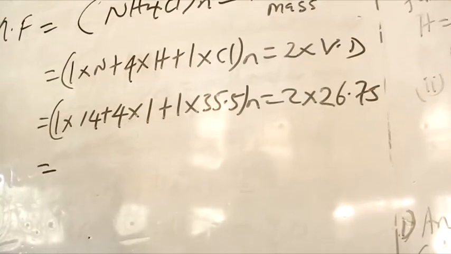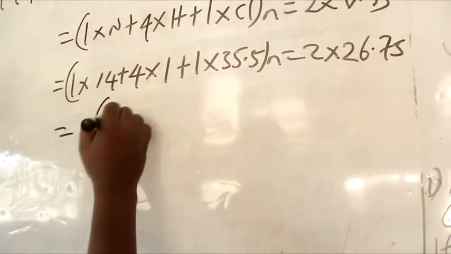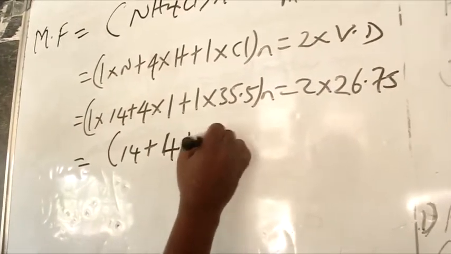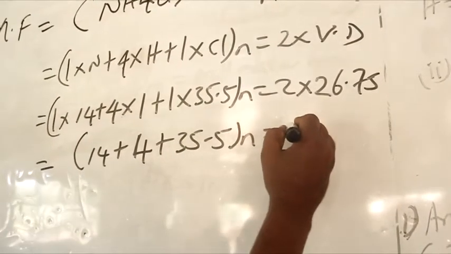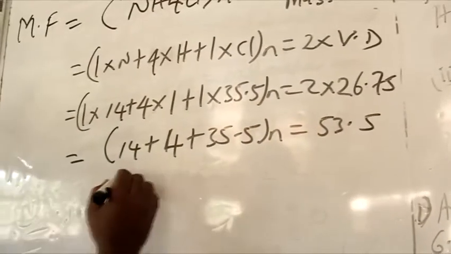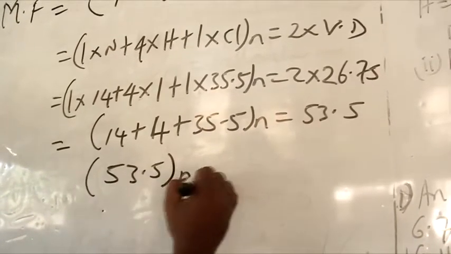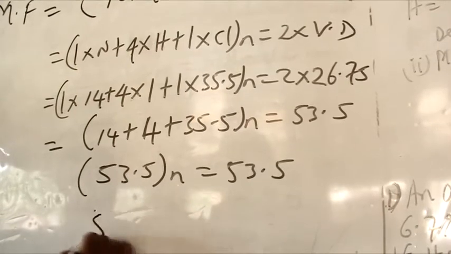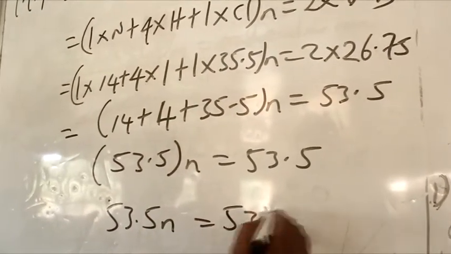When you add this all, you have bracket 14 plus 1 plus 4 plus 35.5. That will give us 53.5. So N times 53.5 is equals to 53.5.